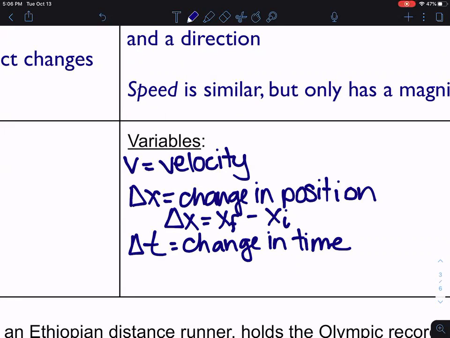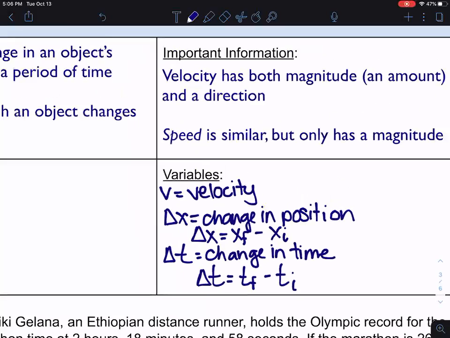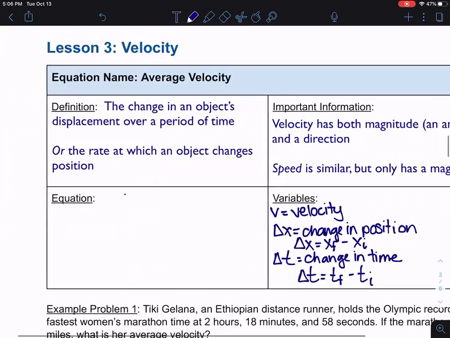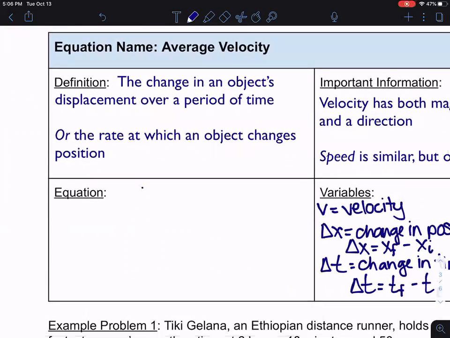And so we could say that delta T is our final time minus our initial time, T final minus T initial. Okay, so let's put these things into an equation. Our equation is going to be V equals delta X divided by delta T.